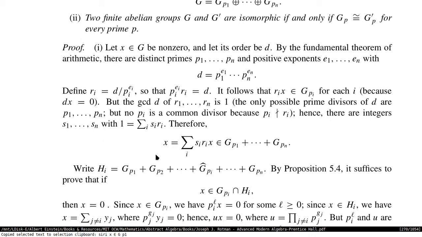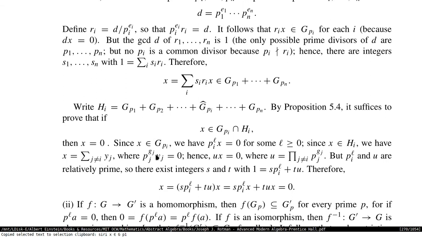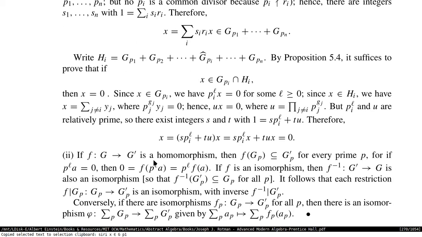What we're trying to show is that, okay, so this is where it gets messy really. If your x is in the intersection of a p primary component and this hi, remember, so this is very much analogous to what we were doing with the direct sum, right?